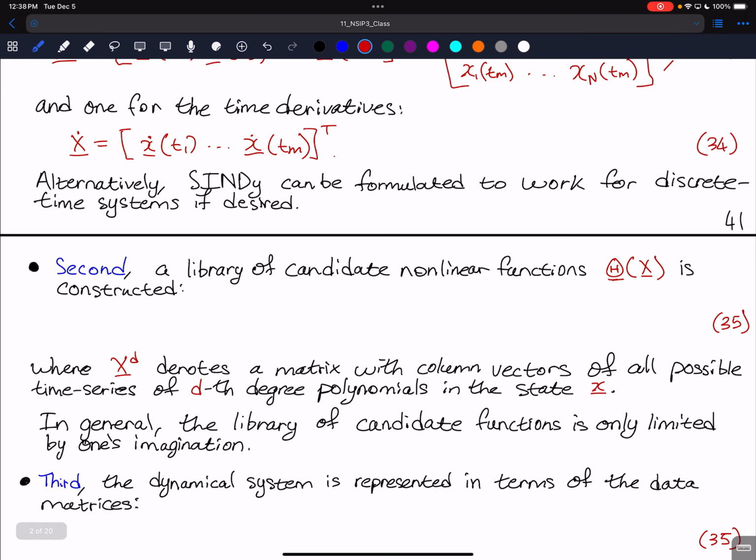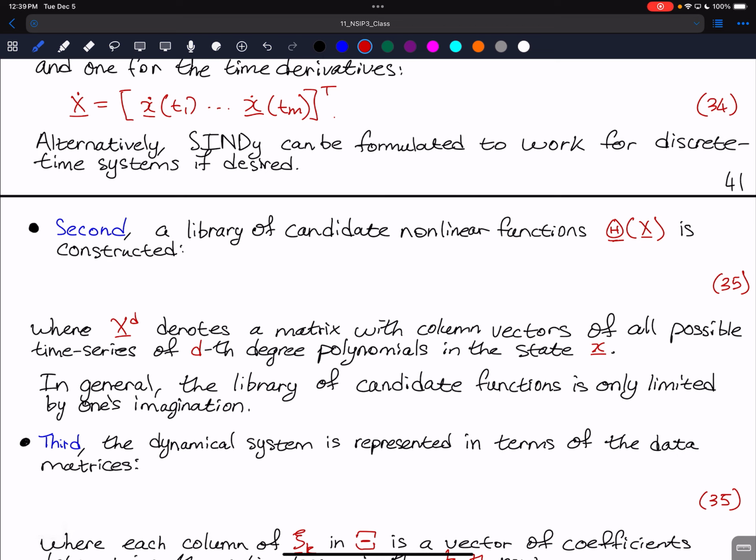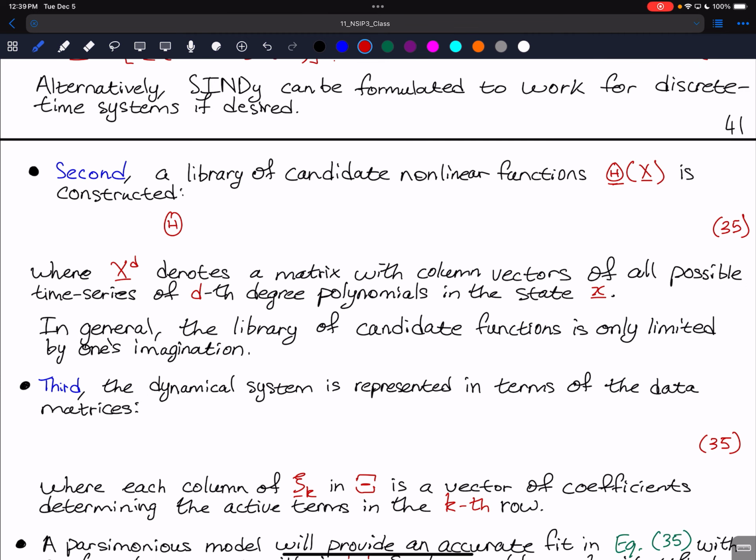Okay, so the second thing we do once we've built this data matrix is that we want to construct a library of candidate nonlinear functions, and we're going to call that our big Theta, which is now a function of big X. In this case, this matrix will be capital Theta evaluated at X equal to, typically you start off with a vector of just ones, and we can say big X, big X squared, up to big X raised to the D power, maybe the sine of big X, the cosine of big X, and then whatever else you want to include in this library of functions.